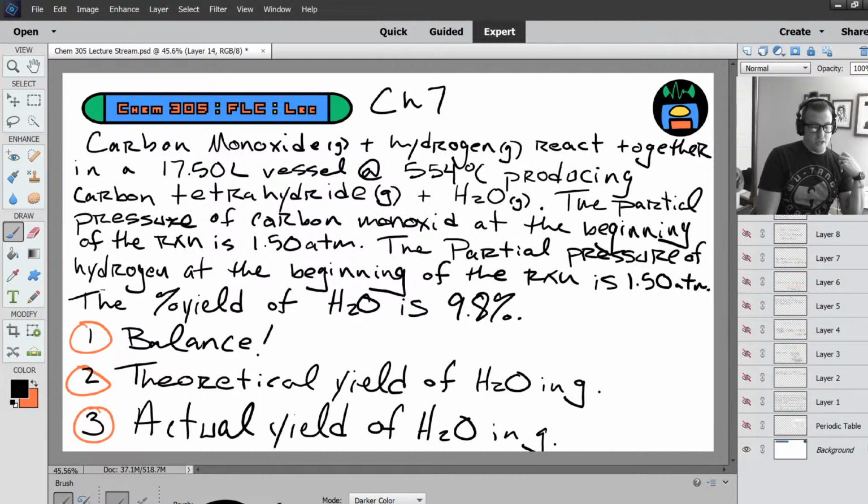We're not given molarities and volumes. We're given a bunch of gas information, so we're going to have to use our gas laws to make it to the answer. But first, let's go ahead and start with what we know.